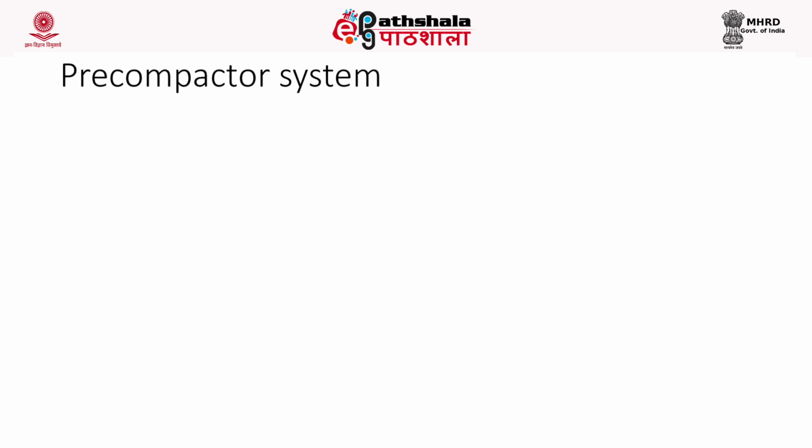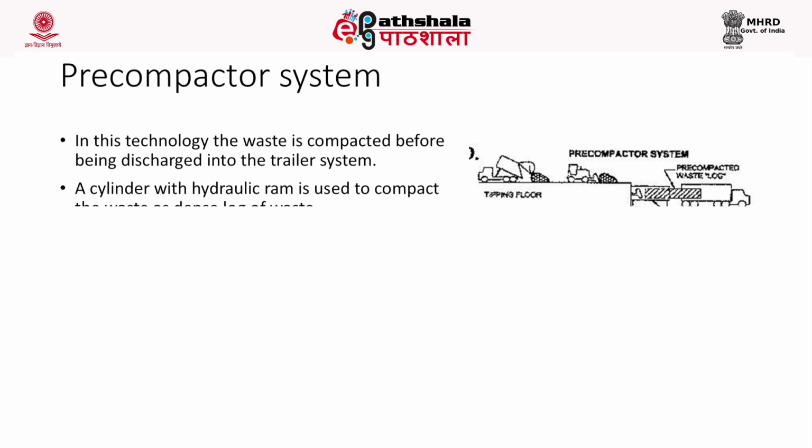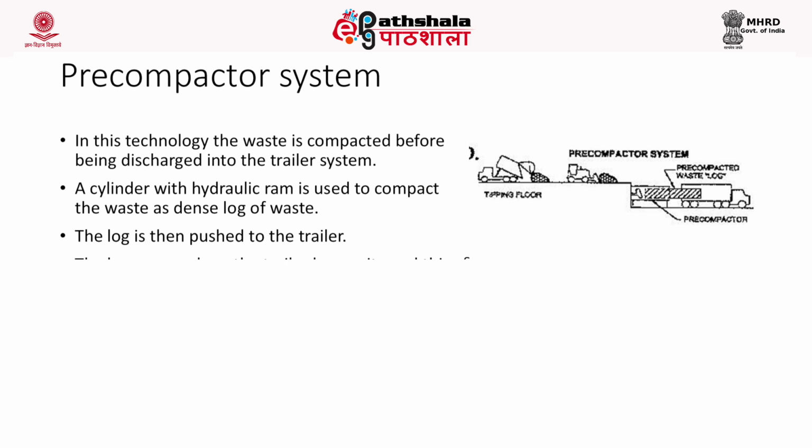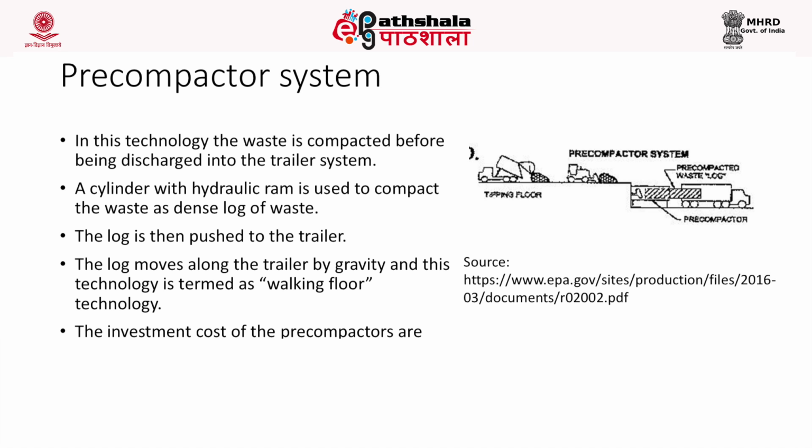The next type is a pre-compactor system. In this technology, the waste is compacted before being discharged into the trailer system. A cylinder with hydraulic ram is used to compact the waste into a dense log of waste. The log is then pushed into the trailer and the log slowly moves along the trailer by gravity, and this technology is generally termed as a walking floor technology.